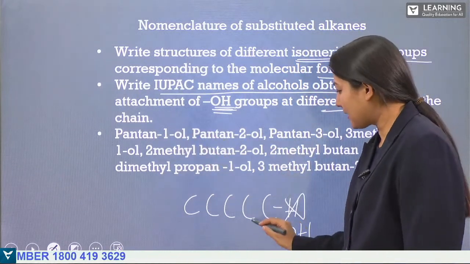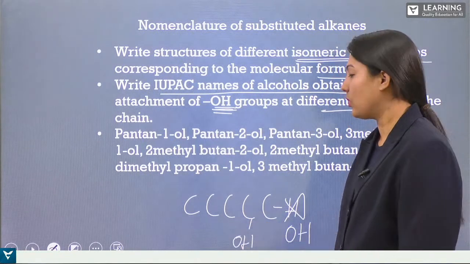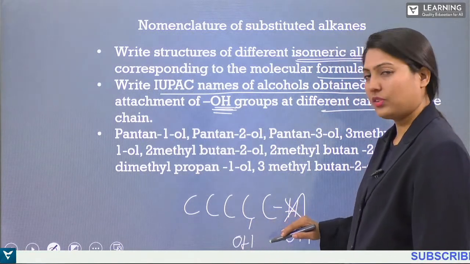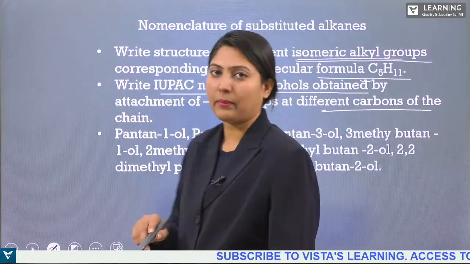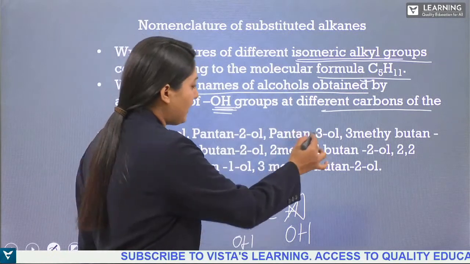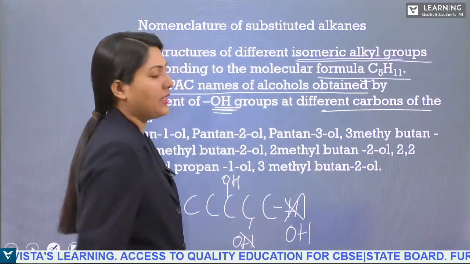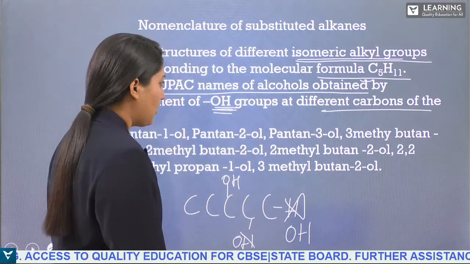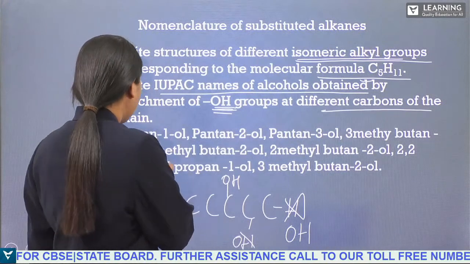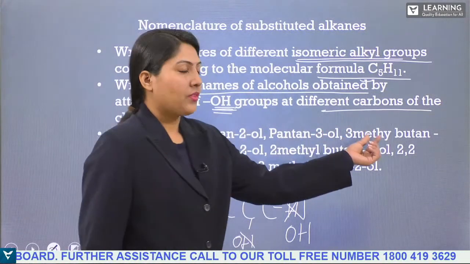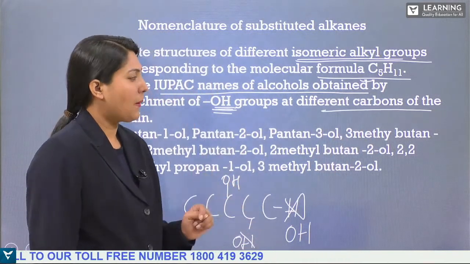Whereas if I remove the hydrogen here and attach the OH group to this instead, we call it pentan-2-ol. If I attach it to the third one, we call it pentan-3-ol. For 3-methylbutanol, this gives the main structural isomer of pentane.